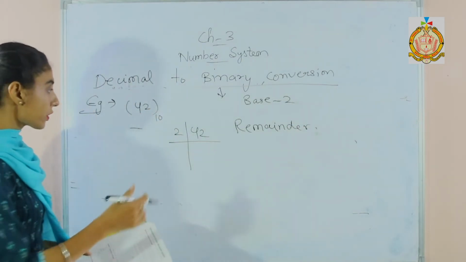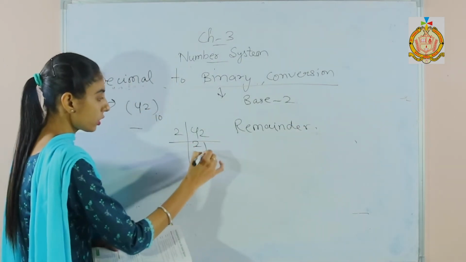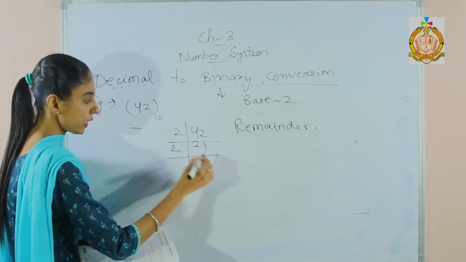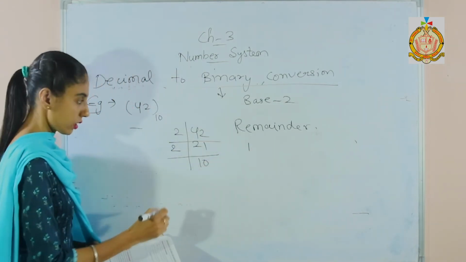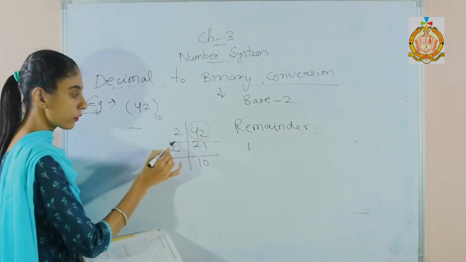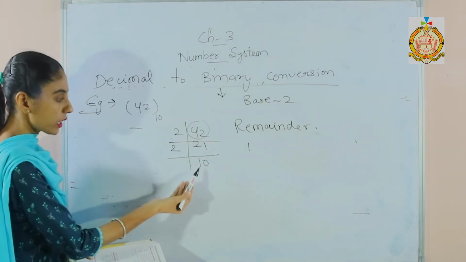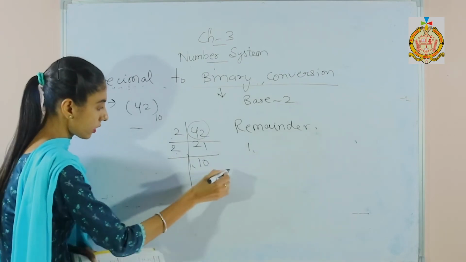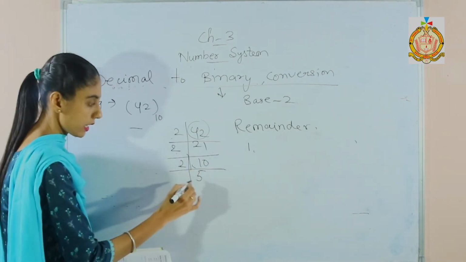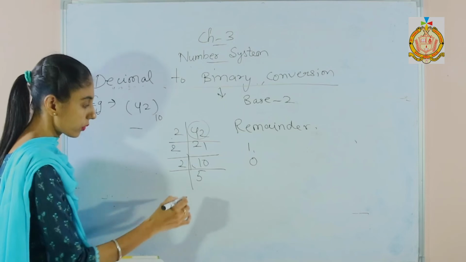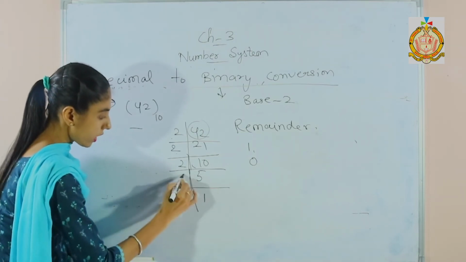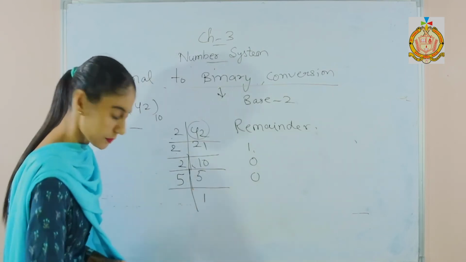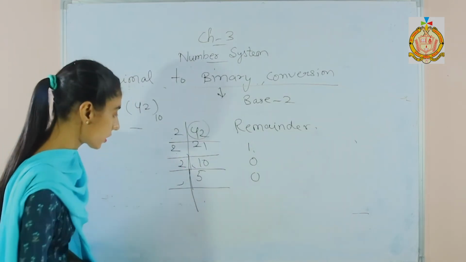Clear? So firstly 2 2s are 4, 2 1s are 2, 10 2s are 20 and 1 is remainder. Firstly divide the first term with 2, next again 21 divided by 2, 10 2s are 20 and 1 is remainder. 5 2s are 10, remainder is 0. 1 5 is 5, 2 2s are 4.